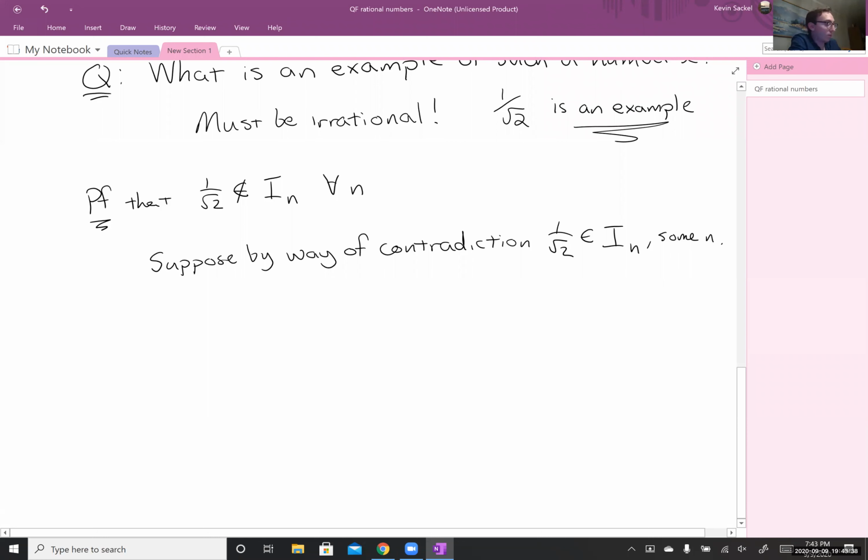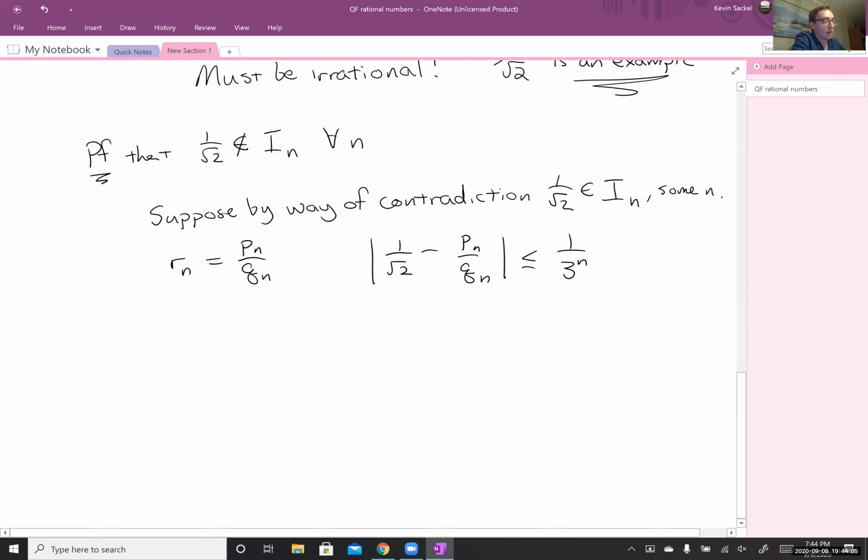Then there's some rational number R_n, which I can write as P_n over Q_n, and we're just saying that 1 over root 2 minus P_n over Q_n is less than or equal to 1 over 3 to the n. So in some sense, this would mean that 1 over root 2 is approximated really, really closely by this rational number.